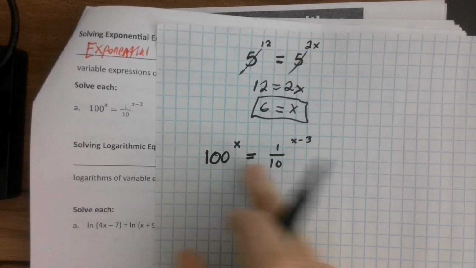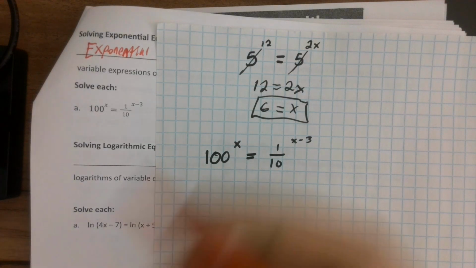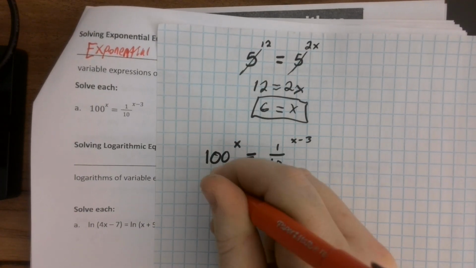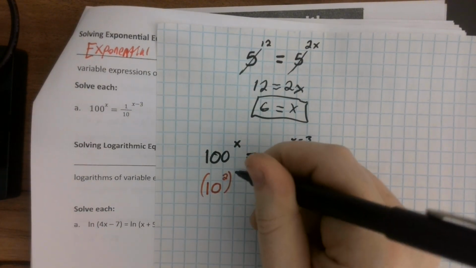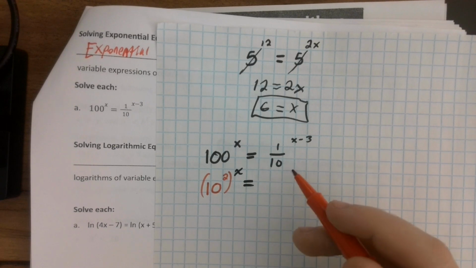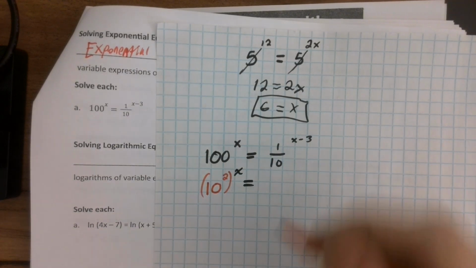We might have already picked up on what number these two have in common. 100 can be written as 10 squared, right? So this is 10 squared to the x. Can we write 1/10 with a base of 10? We absolutely can.